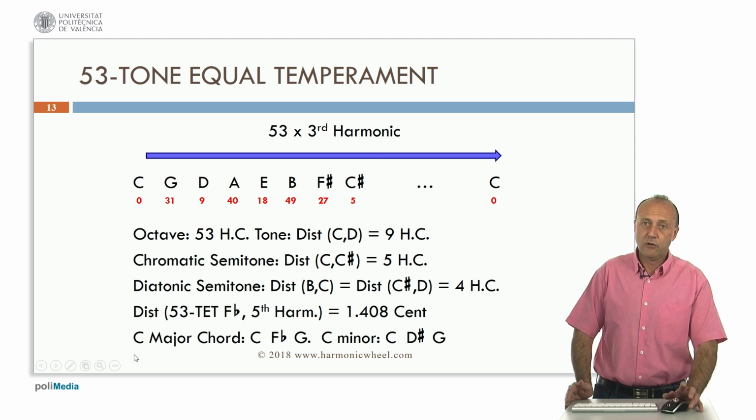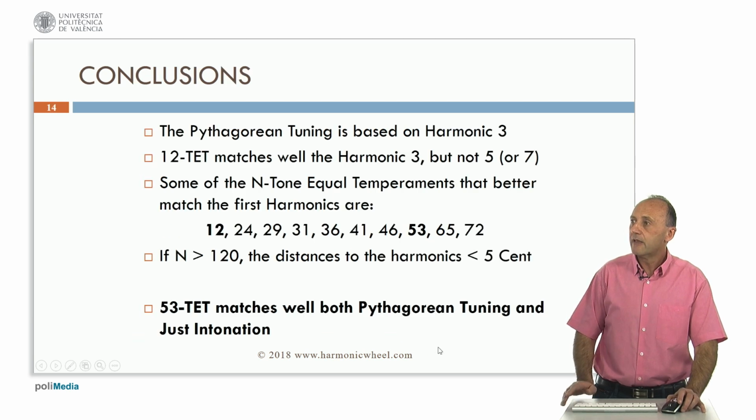So if we want to build a major chord taking into account the fifth harmonic, the best option is C, F flat, G. Similarly, for C minor chord, we would use notes C, D sharp, G.